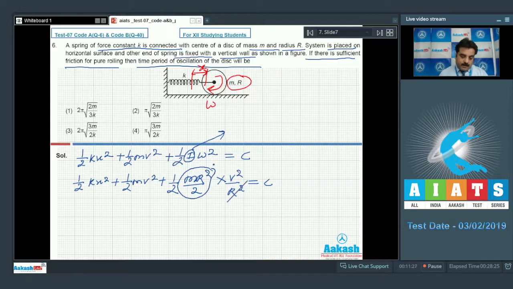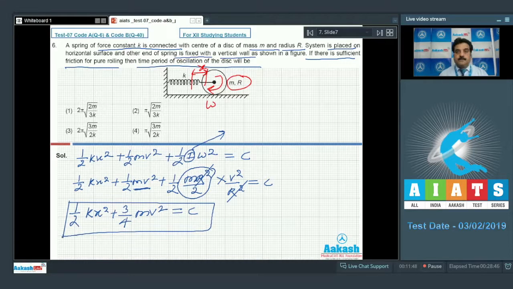So r square will cancel out, and you have 1 by 4 mv square. When you add it with half mv square, you will get half kx square plus 3 by 4 mv square equal to constant c. Now this is the mechanical energy.